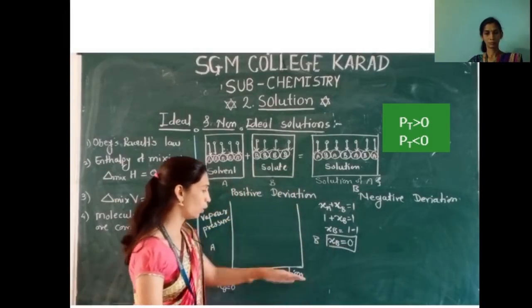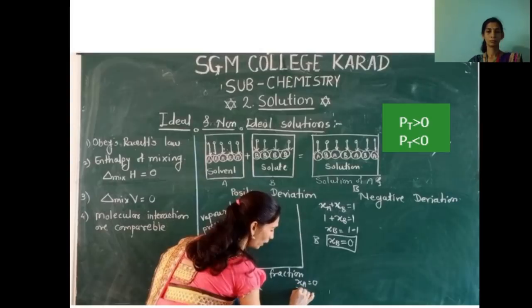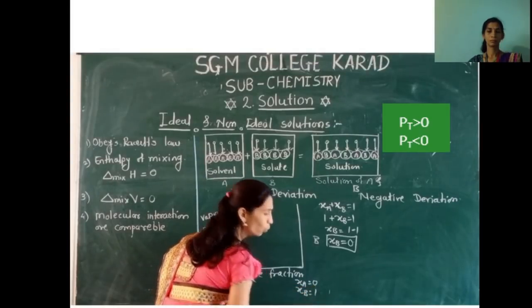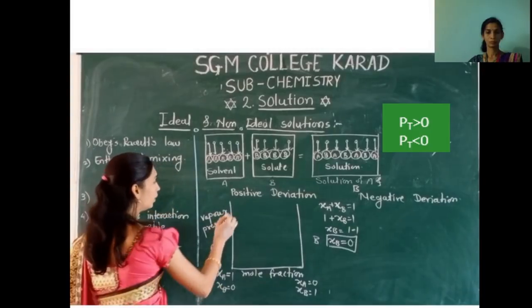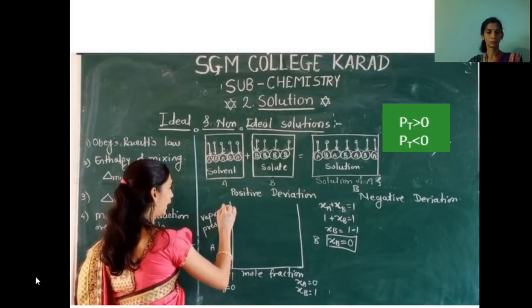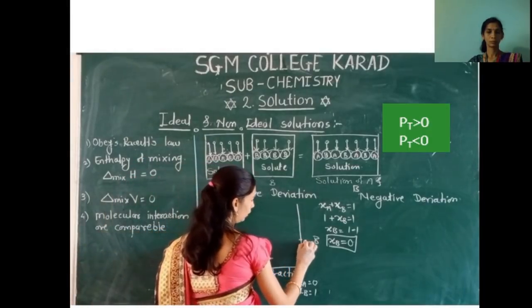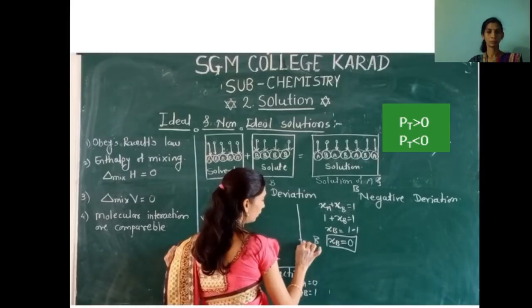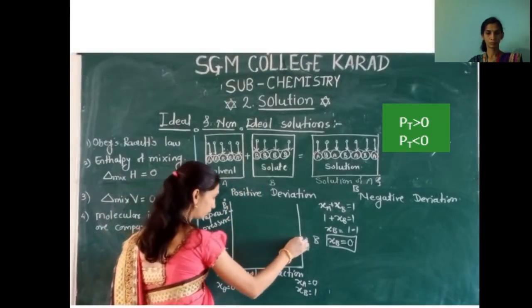Similarly here, the value of XA is equal to 0 and the value of XB becomes 1 for liquid B. The vapor pressure of liquid A is P naught A, while for liquid B it is P naught B. Now join these all.